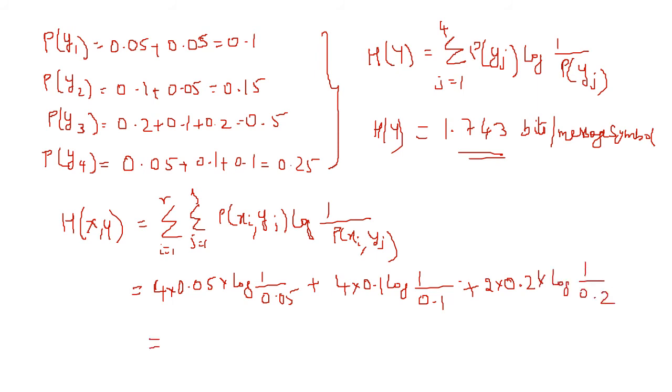So H of X comma Y will be equal to 3.122 bits per message symbol.